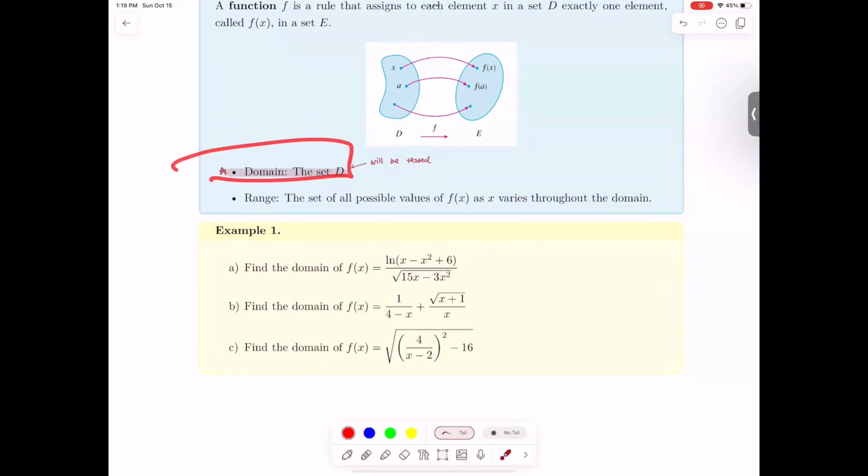But if they give you a function, what do you need to check to find the domain of the function? Let's just say a general function. Do you guys have any opinion, any tips on how to find the domain of the function? So what can make your x cannot pick certain value? Consider restrictions.